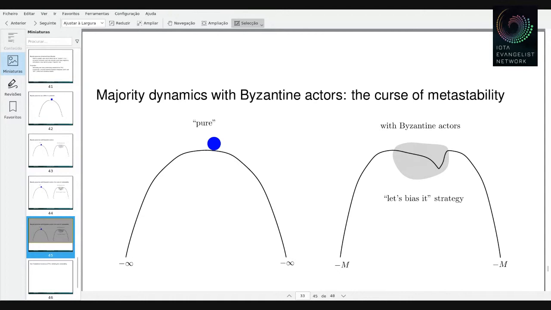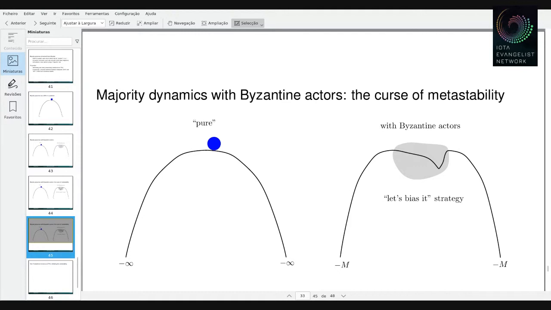So by the force of chance, some honest nodes can adopt the opinion 1. And then the bad guy would sway this picture to the other side and help the 0s and make the other honest guys adopt opinion 0, which will cause a fork in the network, which is obviously not good.